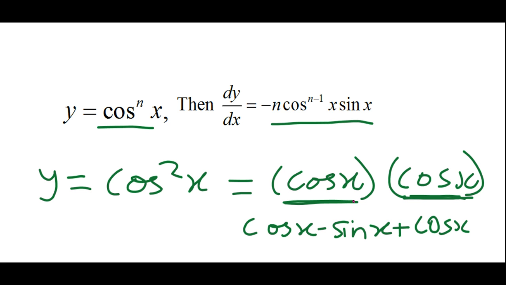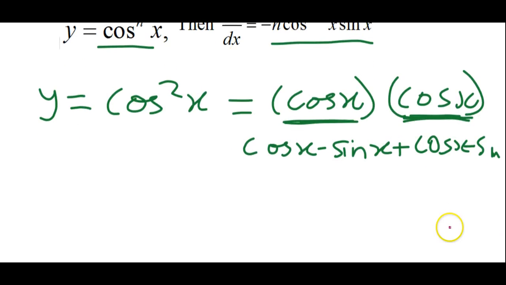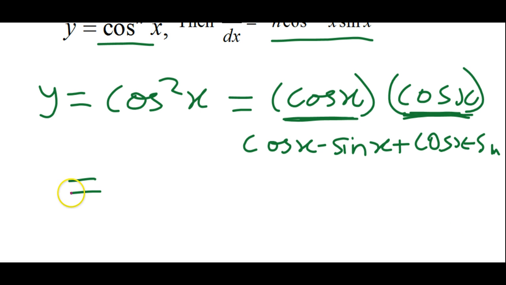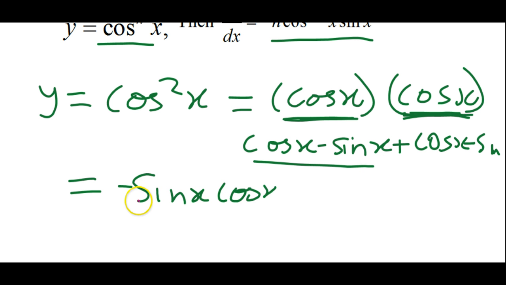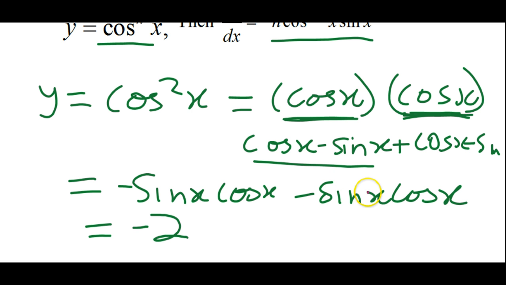Then I hold this one this time around, which is cos x, and when I differentiate this one, it will still give me negative sine x. So this part of the work will give me negative sine x cos x, then minus sine x cos x again. And so I can just write negative 2 sine x cos x.